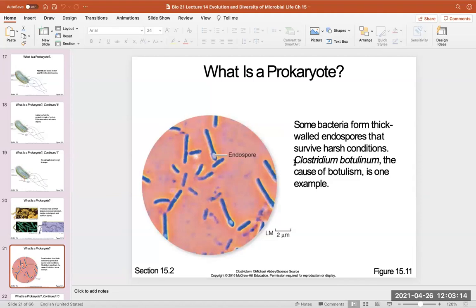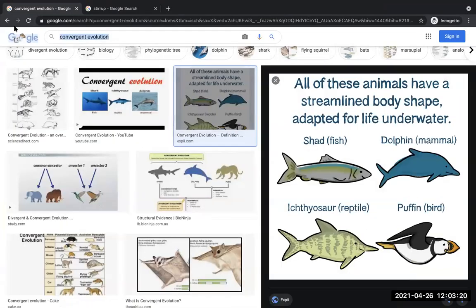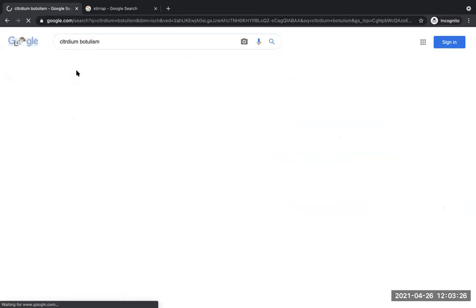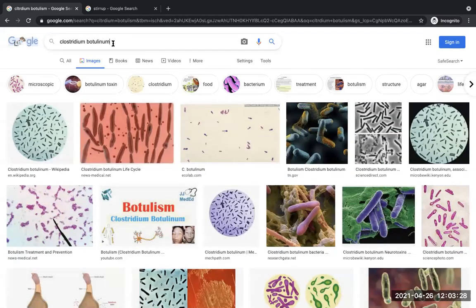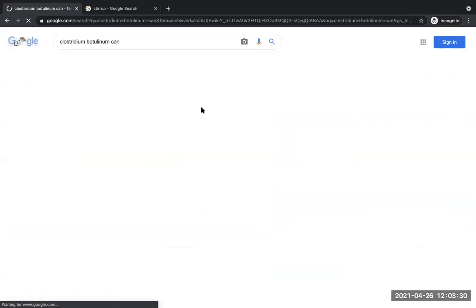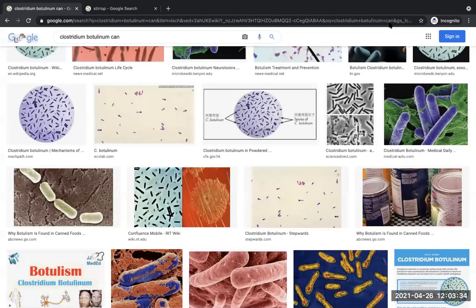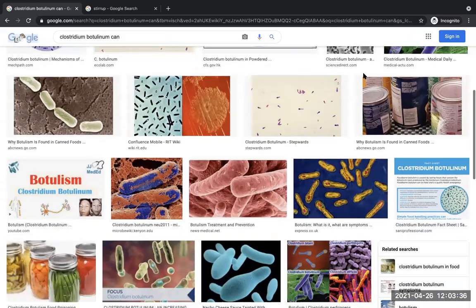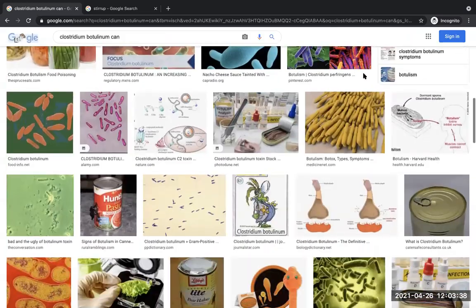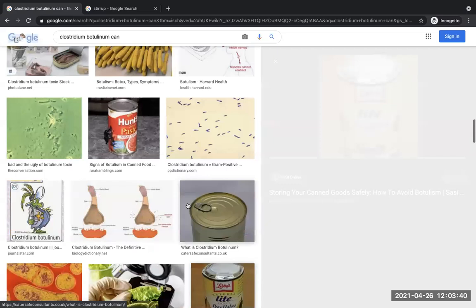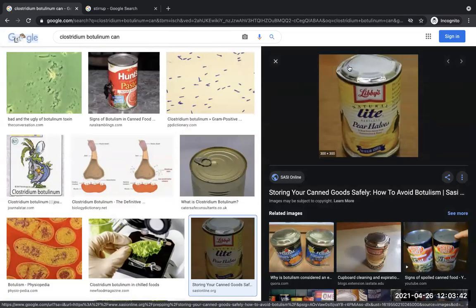If you have canned food and there's no oxygen in there, and the can starts to look like this, please do not eat that.